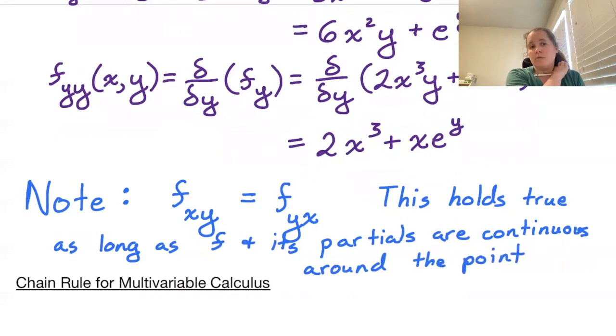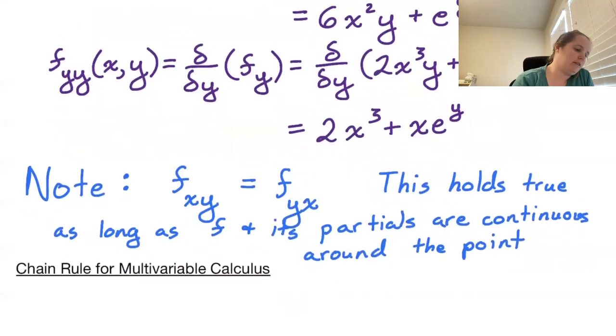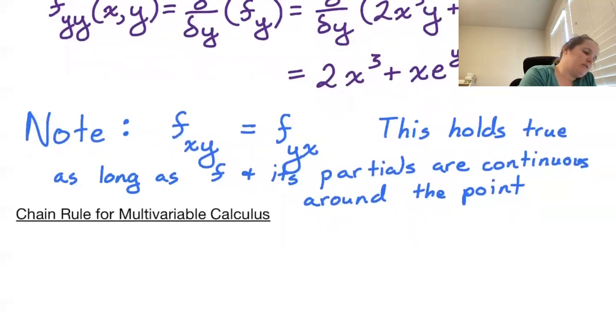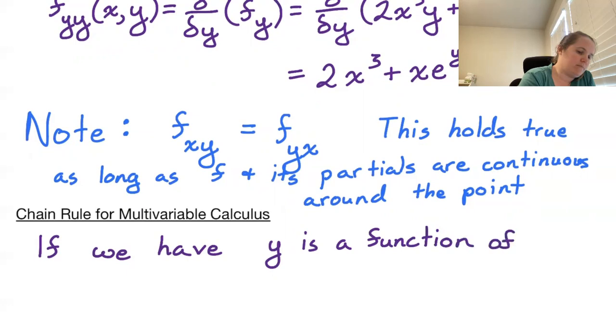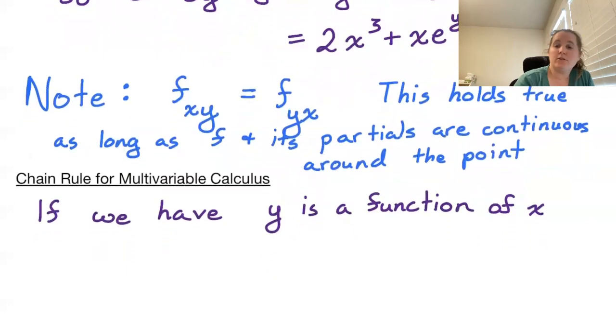So one other piece of information we're going to be using in this section is the chain rule for multivariable calculus. So if we have y is a function of x, then it turns out that we can just take the standard derivative with respect to x, because f of x, y is a function in terms of x.